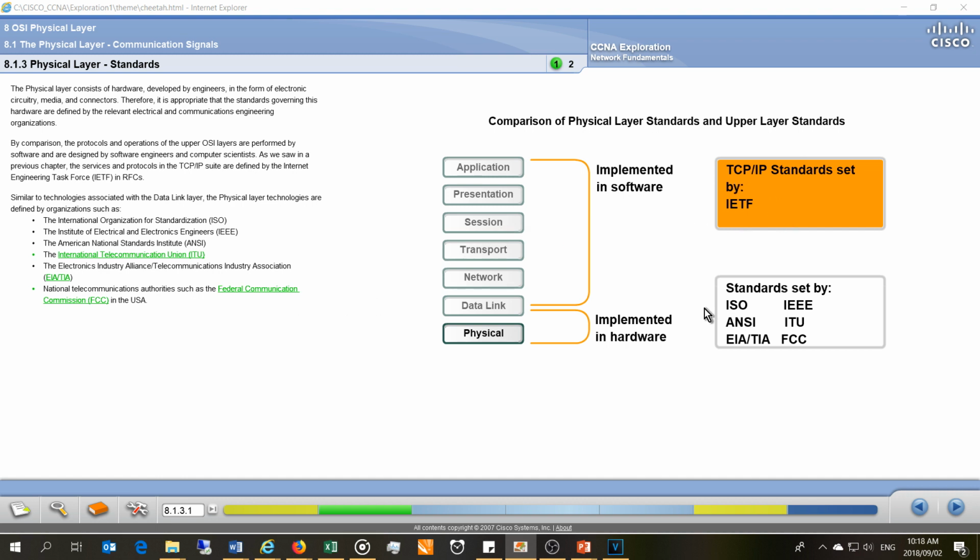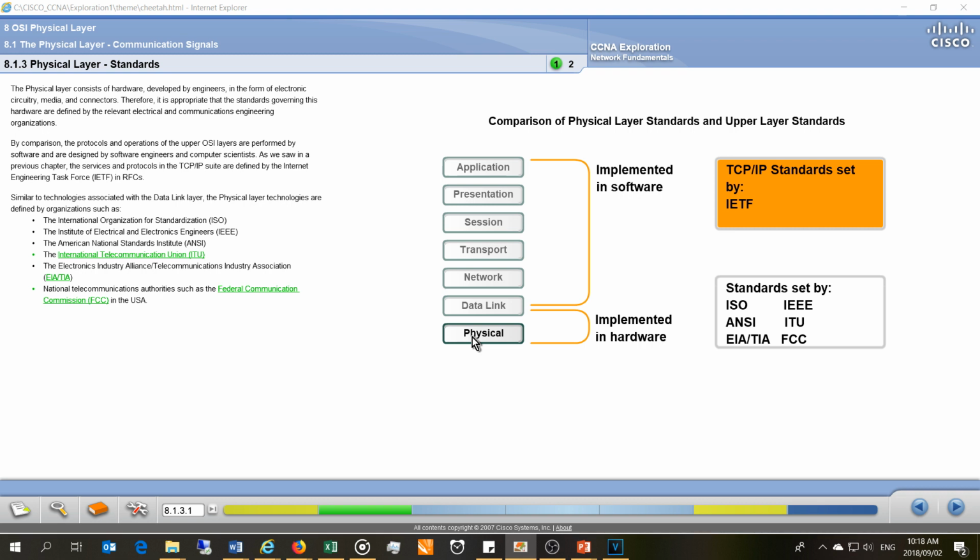It's very important to understand that standards govern what and how we do things in terms of the OSI model. Why they have this slide here is they're showing you that there tends to be slightly different standards organizations for the physical layer, because this is the layer where we are dealing with physical components, in terms of materials and specification, how the materials are made and how long they may last, and in terms of their physical properties.